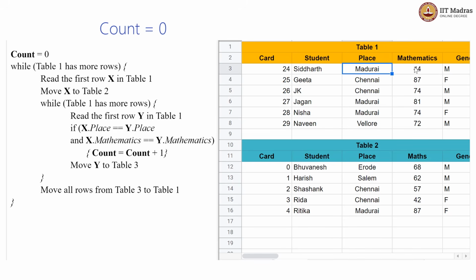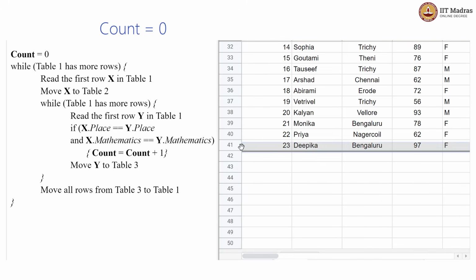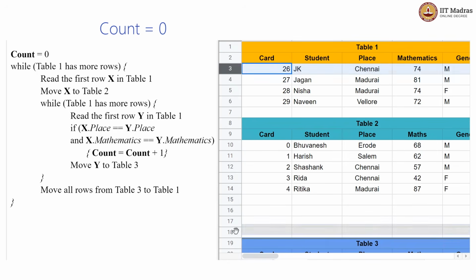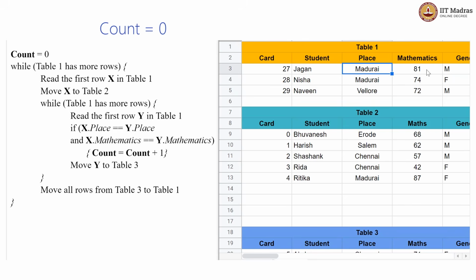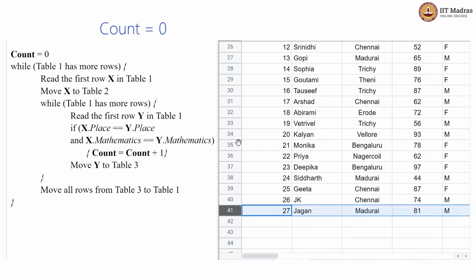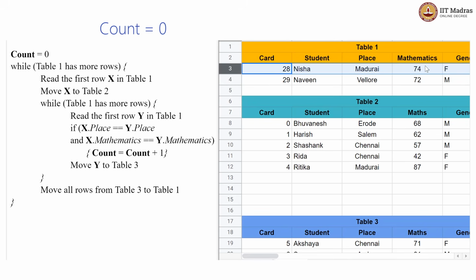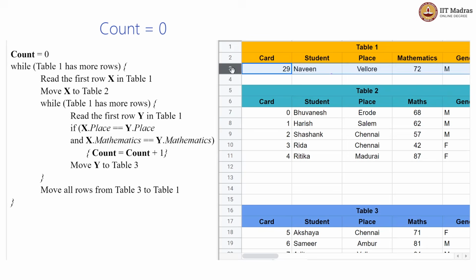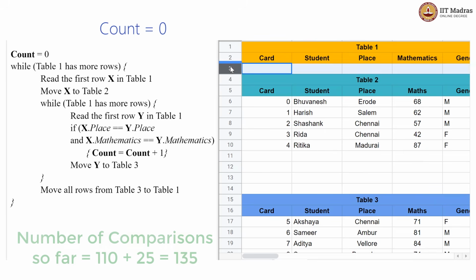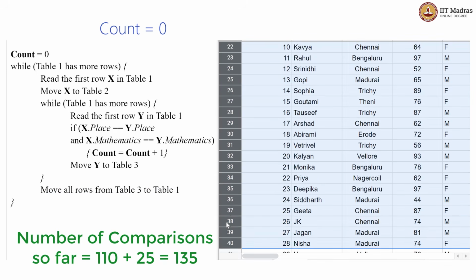Here is another Madurai, but math score is not 87. One more Madurai, but math score doesn't match. Table 1 is empty. So we move all the rows from table 3 to table 1.